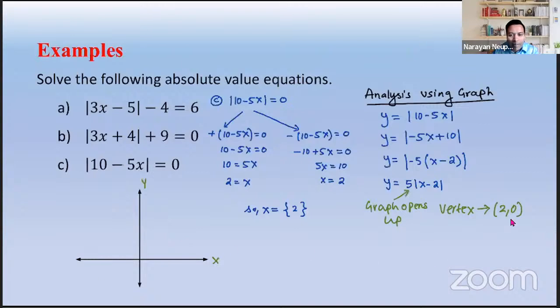Now if you look at the vertex, the vertex is here at 2, 0. Here is x 0, and x equal to 2 will be somewhere there. So that is the vertex. That vertex is 2, 0. Now, what we know is because this 5 is positive, the graph will open up.